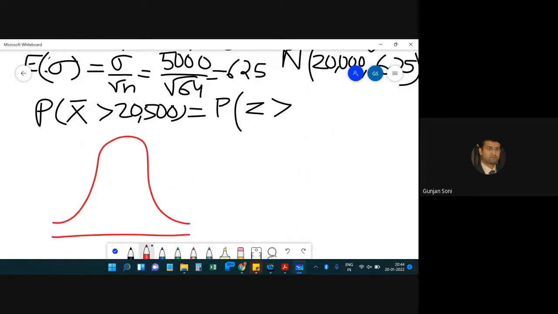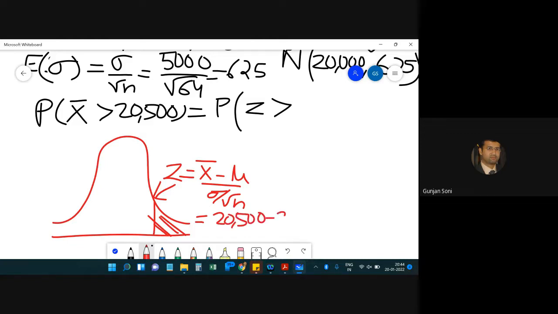Let's say this is the area which we are interested in. So here Z will be equal to X bar minus mu divided by sigma by root n. So here X bar is 20,500 minus mu, which is 20,000, divided by sigma by root n, which is 625.